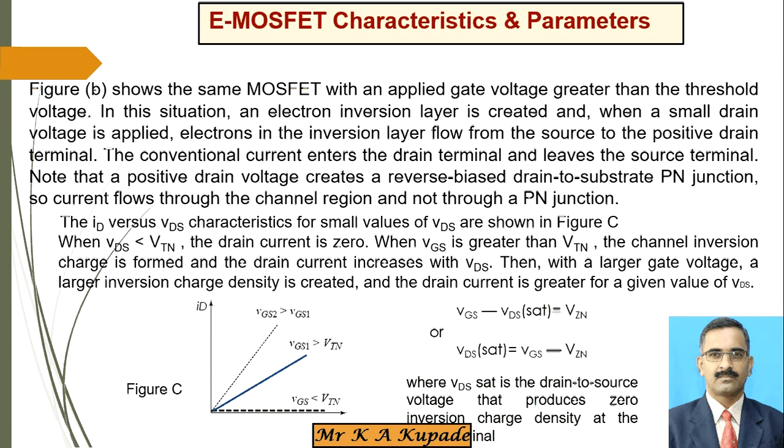This VDS saturation is equal to the applied voltage to the gate terminal minus VTN, that is VGS minus VTN. That is nothing but your saturation voltage VDS, that is the drain to source voltage.